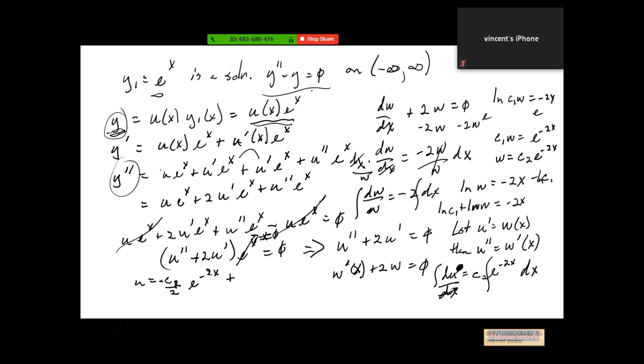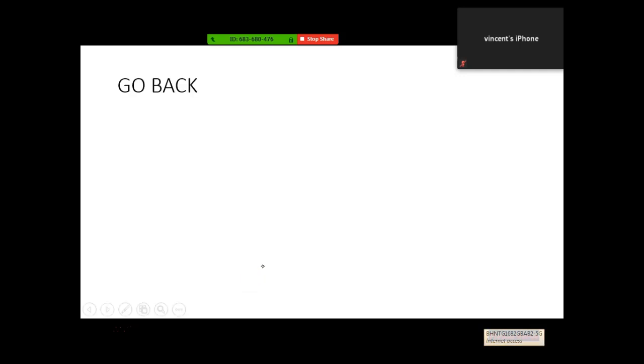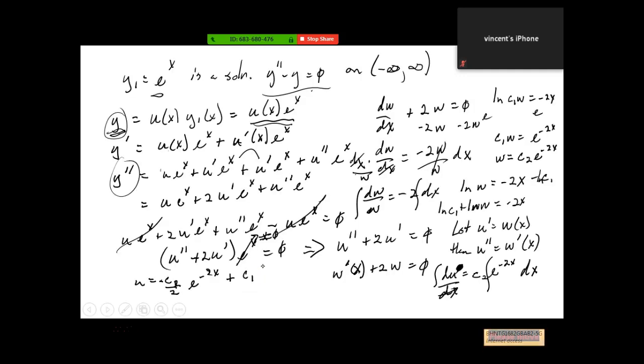They call this their C2. I'm going to make it my C1 plus C1. I've just reversed the numbers on the things. They're just constants. They can be called anything you want to. Okay? So that's what we get there.